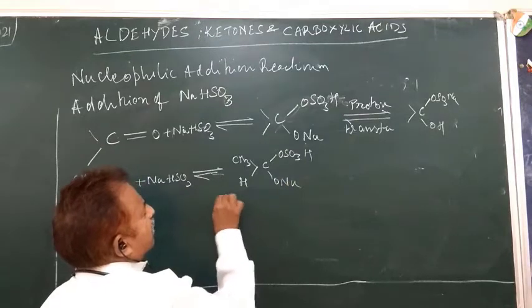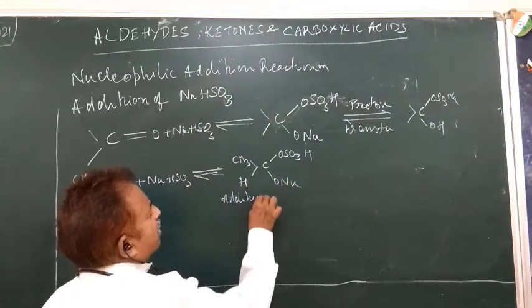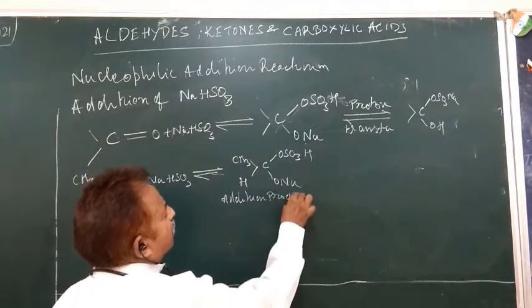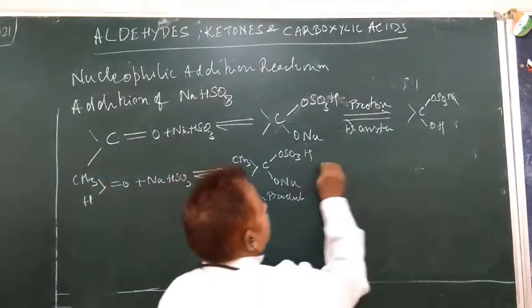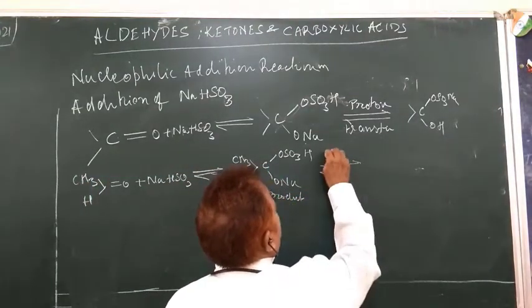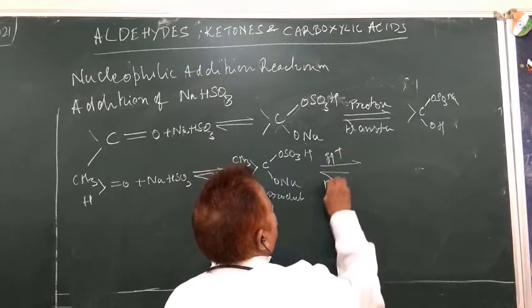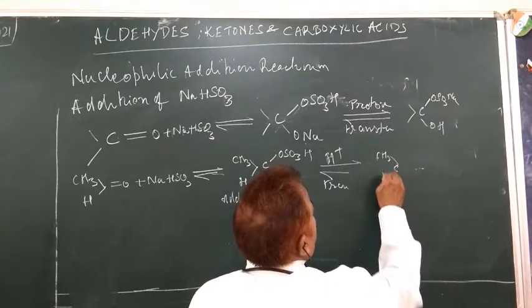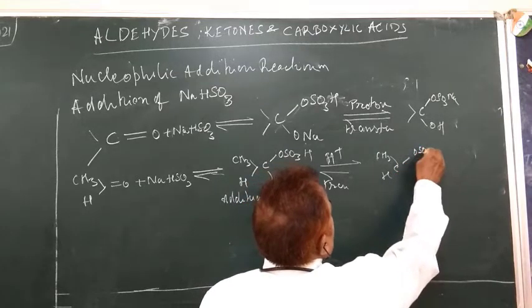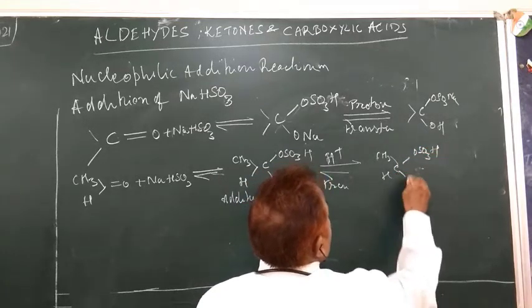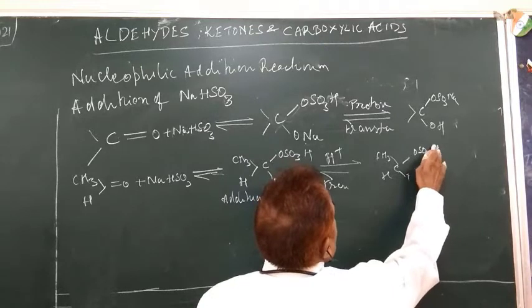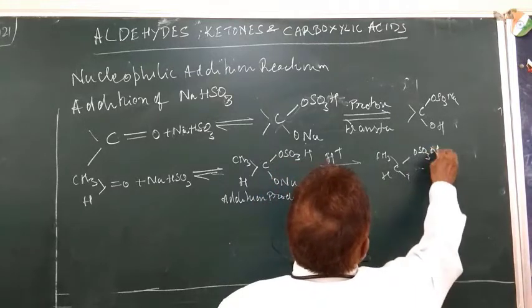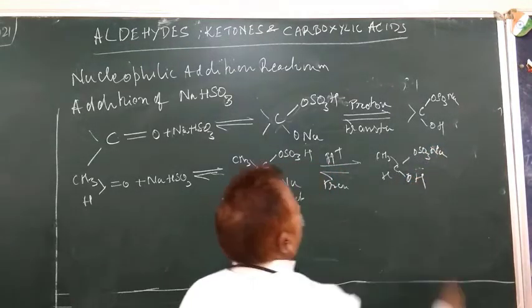This is known as the addition product, the bisulfite addition product. And this, on proton transfer, we get CH3CH(OH)OSO3Na.